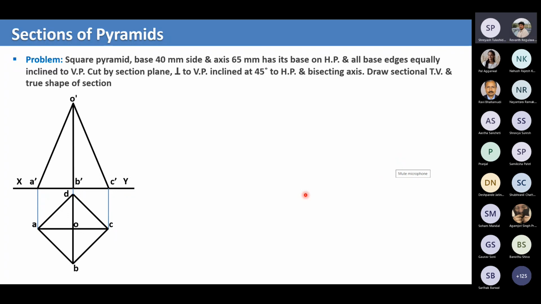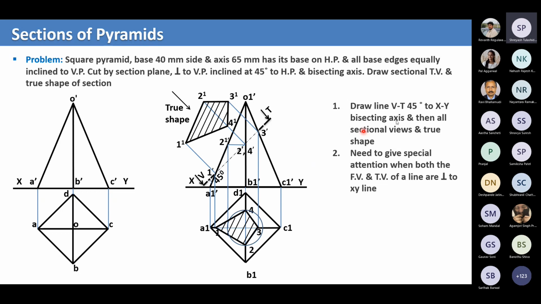Yeah. So we'll see how is this cross section. Yeah, so it is said that it is inclined at 45 degrees to horizontal plane. That means this 45 degrees can be seen in front view only. So now this is the sectional plane, which is at 45 degrees.